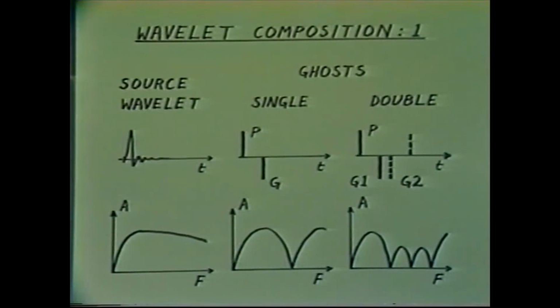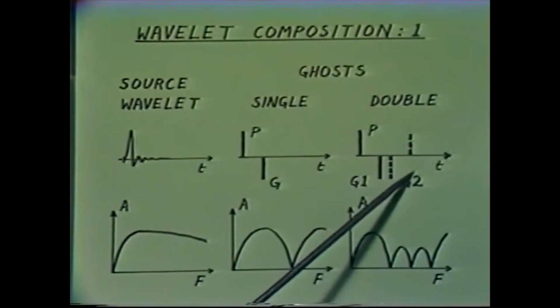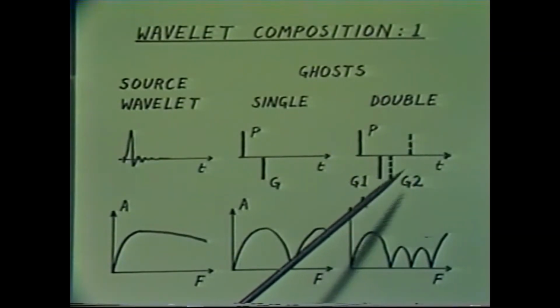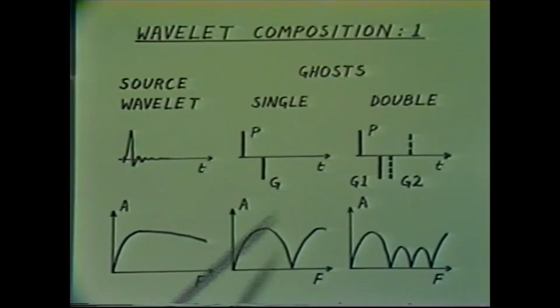Now ghosting, of course, takes place at both ends of the travel path, at the source end and also at the receiver end. And the effect of that is to introduce a second ghost, which is a ghost of the primary and the first ghost. This, looking at it in the frequency domain, introduces further notches into the amplitude spectrum.